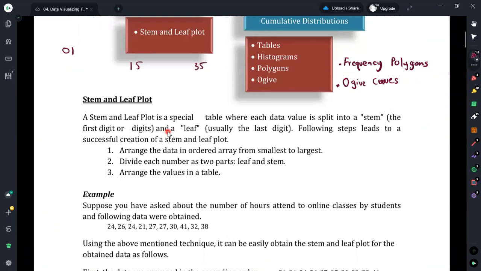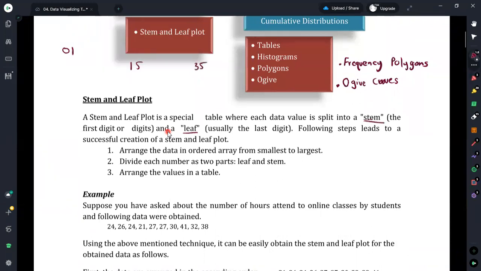Each of these numbers can be divided into two parts: the stem and the leaf. First, it is more appropriate to identify the leaf. Then we can identify the quantity which falls under the stem.